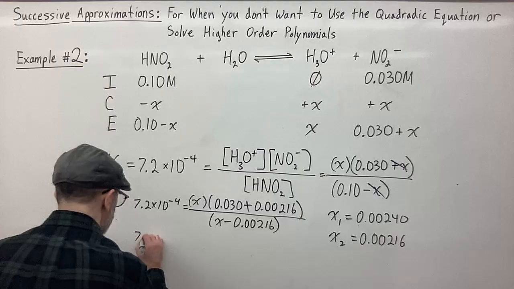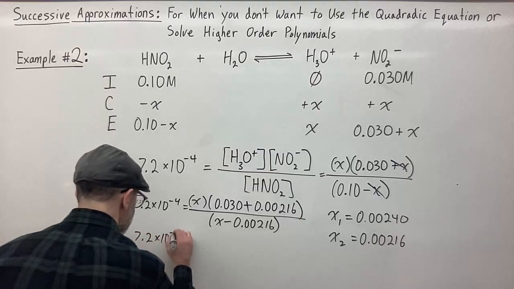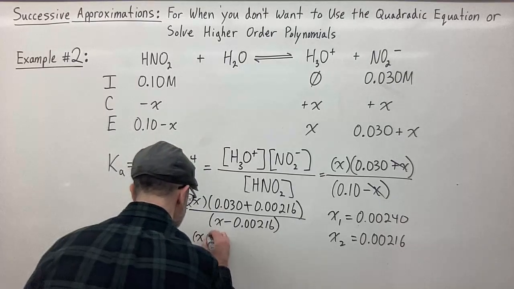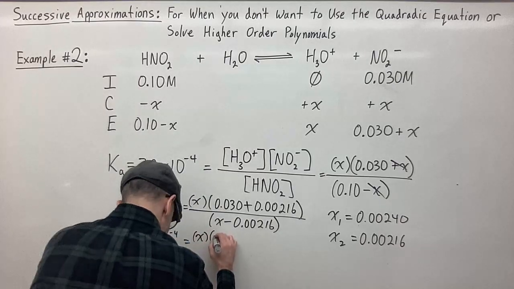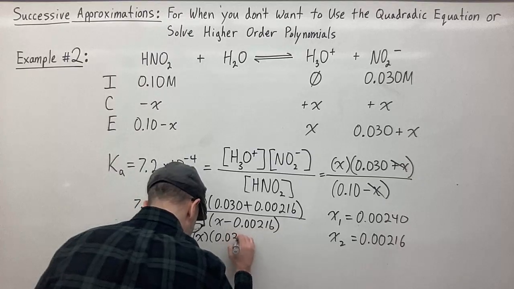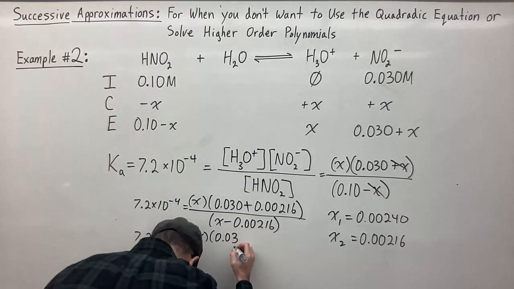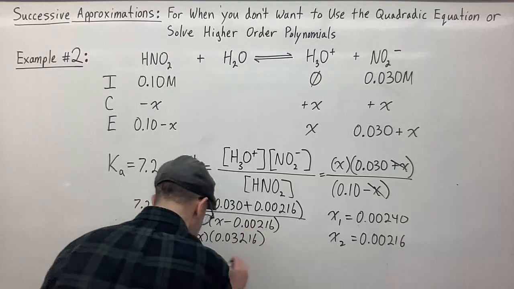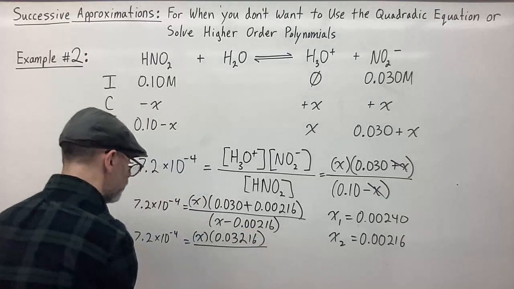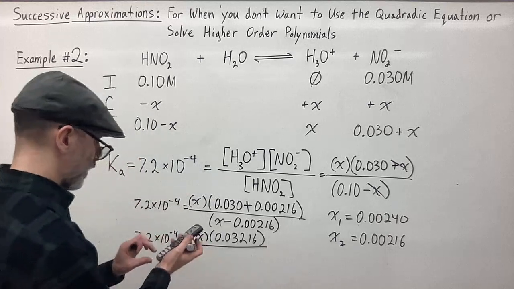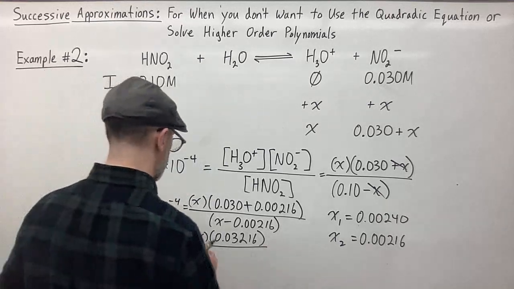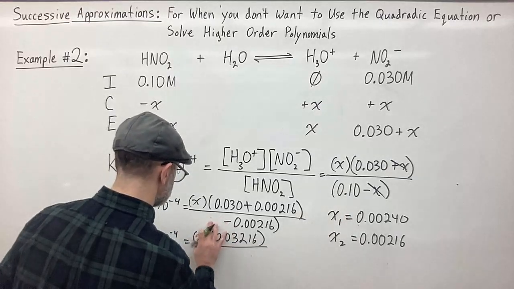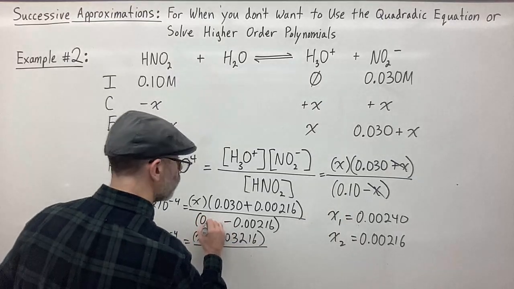that's going to give me, so 7.2 times 10 to the negative 4 is going to be equal to x times 0.03216 divided by, and then I'm going to take, oh, this should be not x, but 0.10.